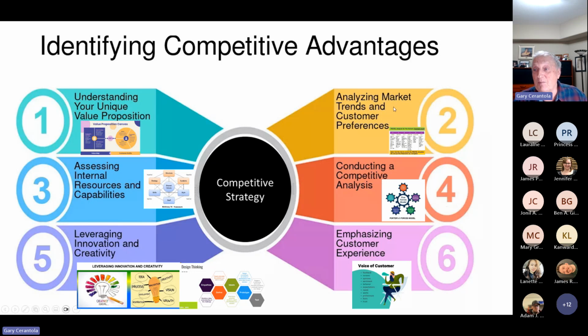How do you analyze the market? Well, we talked about PESTEL last time around, and so we've looked at this technique. Conducting a competitive analysis, well, we talked about Porter's 5 forces analysis, and then emphasizing the customer experience, something we haven't talked about and it's not part of the curriculum, but voice of the customer. I could tell you that it's a whole technology in terms of what voice of the customer means.